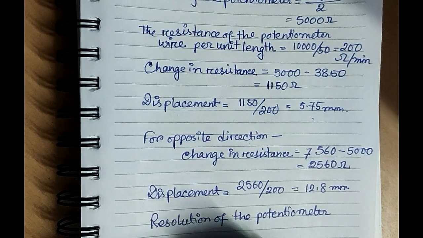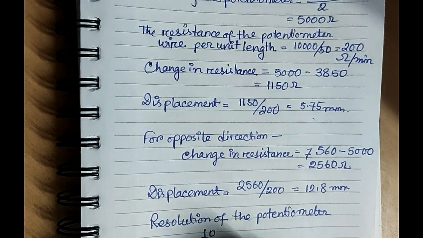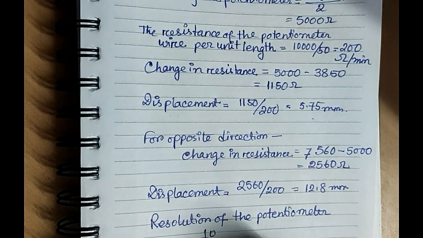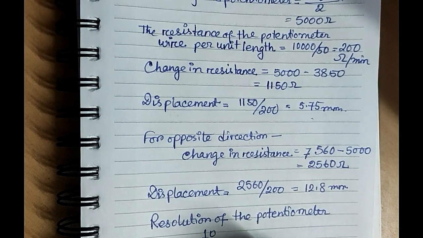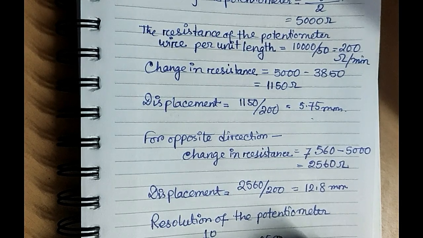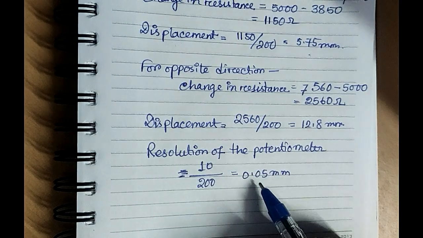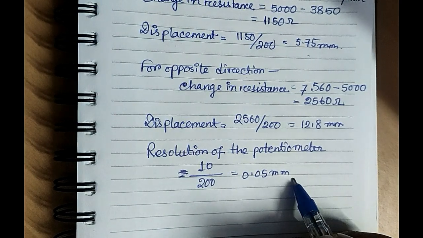So the answer will be 10 divided by the resistance of the potentiometer wire per unit length, 200, and that will be equal to 0.05 mm. So this is the final answer for the resolution of the potentiometer.